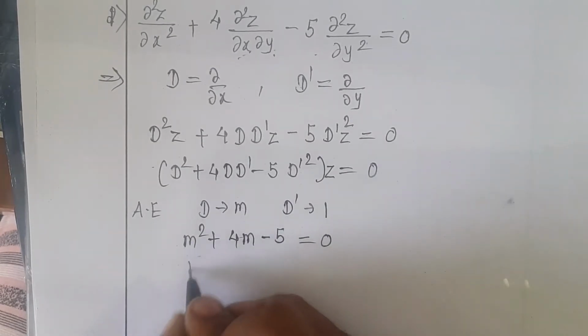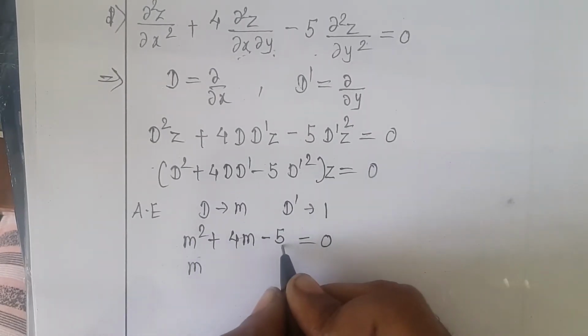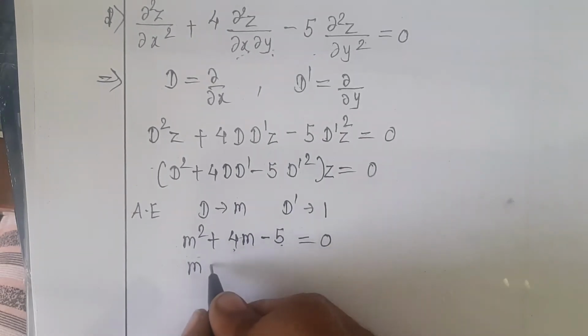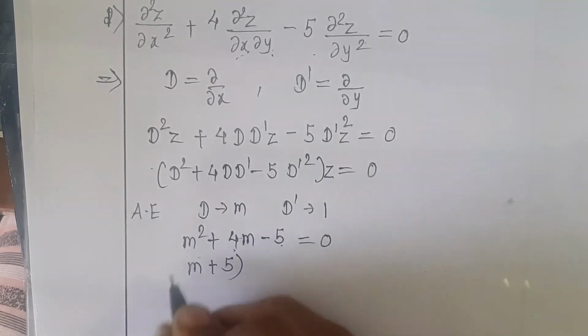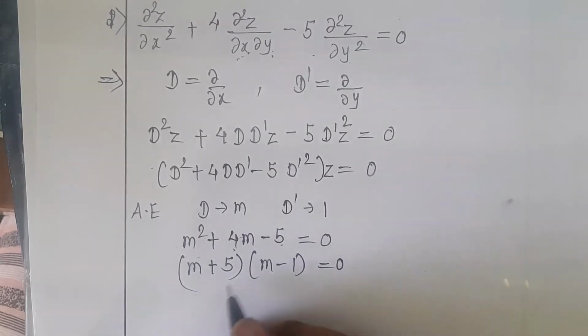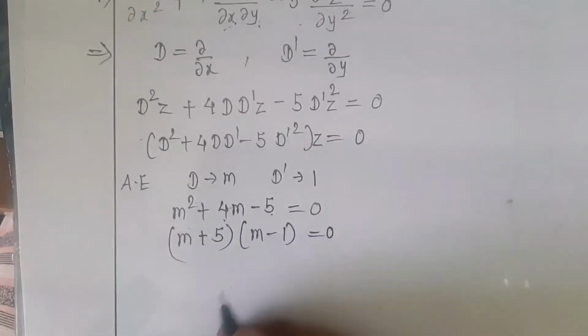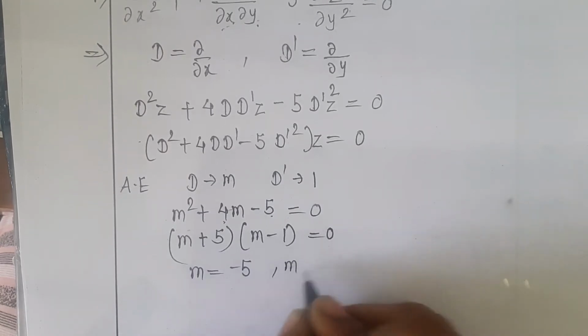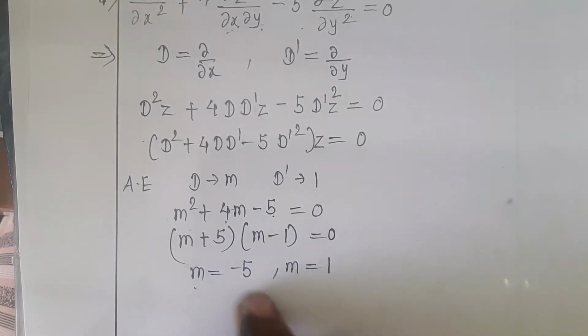Find its roots. The product must be minus 5 and the sum must be plus 4. So it is m plus 5 and m minus 1 equal to 0, because 5 minus 1 is plus 4 and 5 into minus 1 is minus 5. So m is equal to minus 5 and m is equal to 1. So here the roots are different.